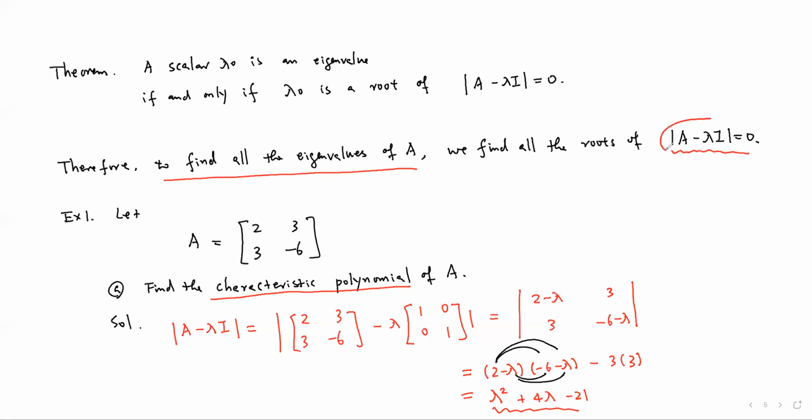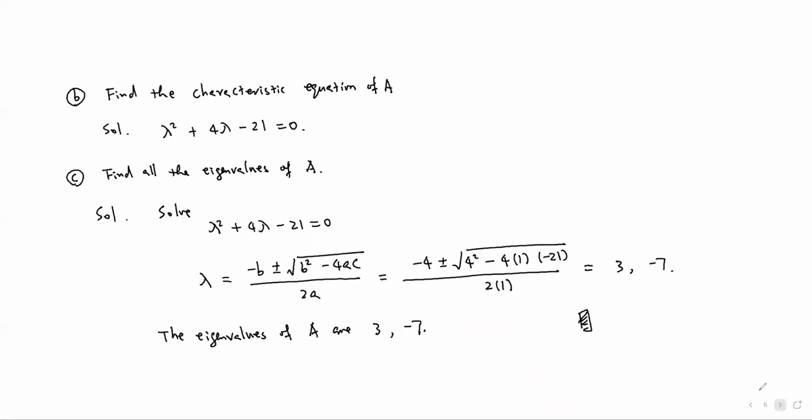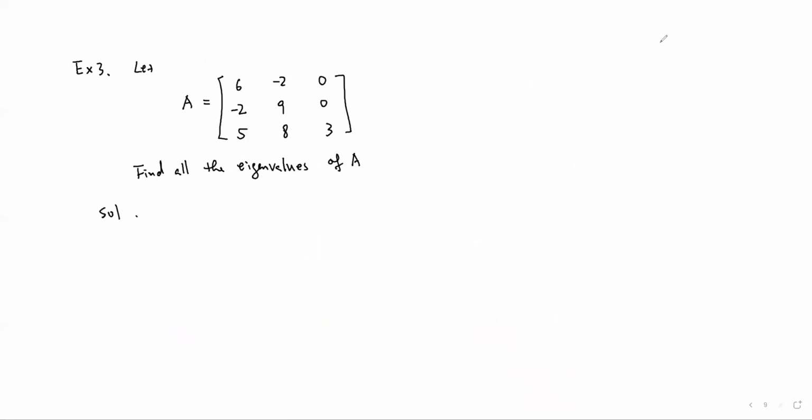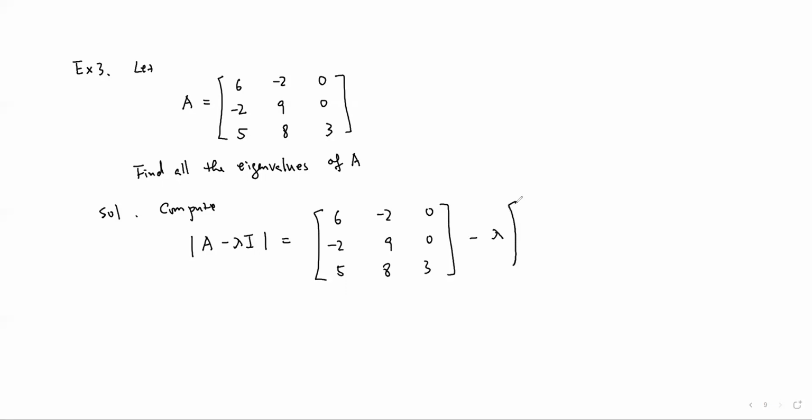Okay, now let me compute this part first, the characteristic polynomial. Compute the determinant of A minus lambda times I. This is the matrix A minus lambda times the 3 by 3 identity matrix.